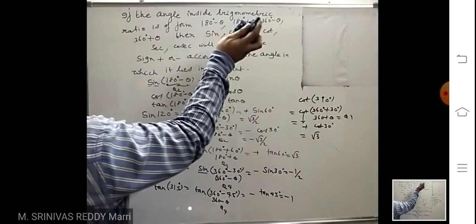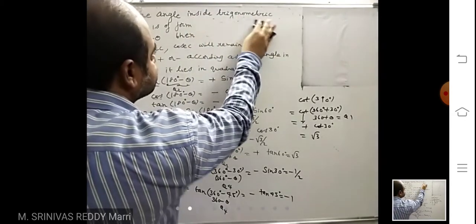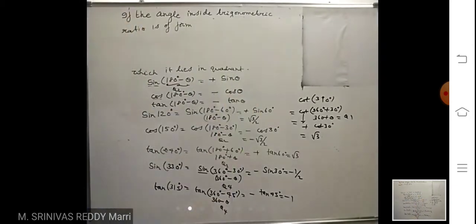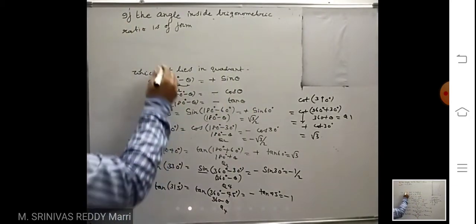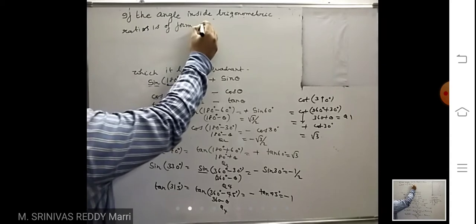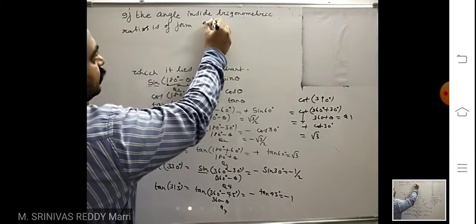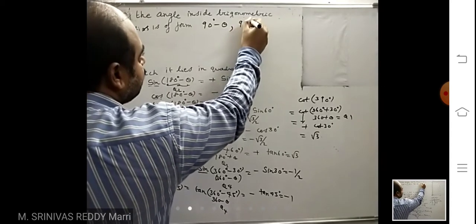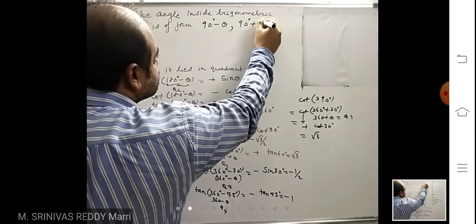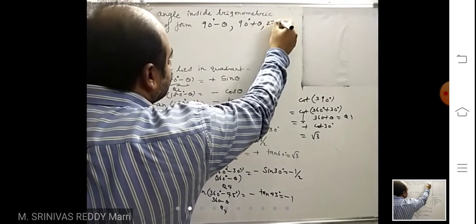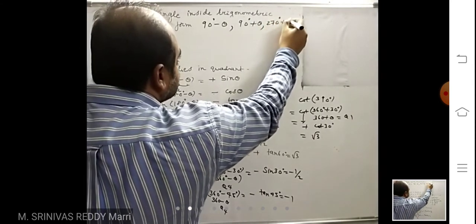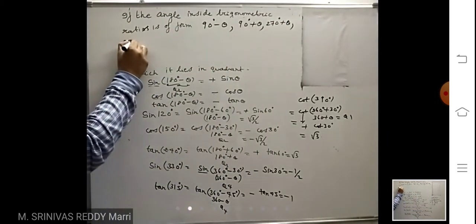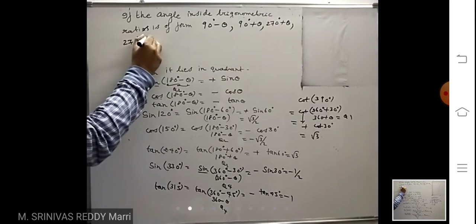Next, suppose the angles inside the trigonometric ratios are of the form 90 minus theta, 90 plus theta, 270 degree plus theta, 270 degree minus theta.